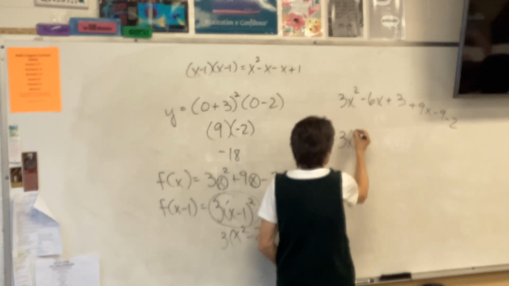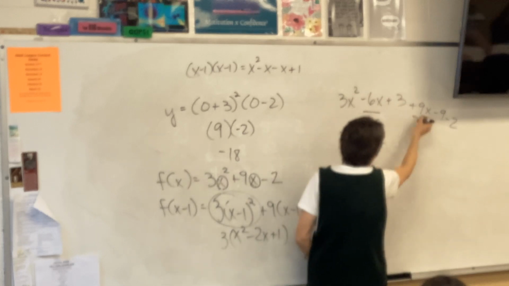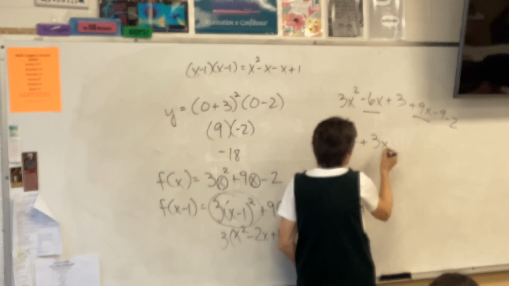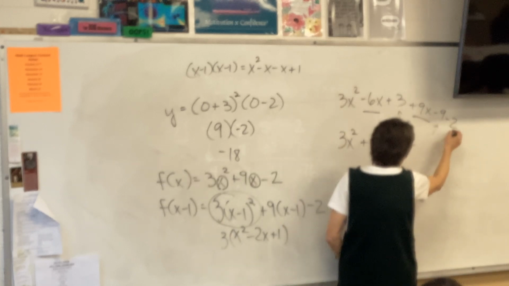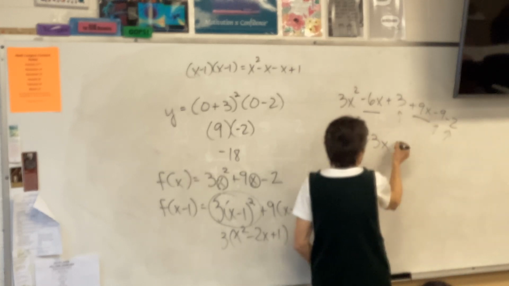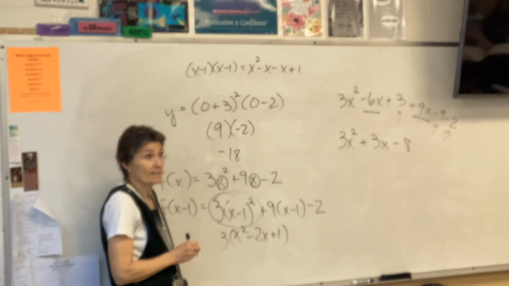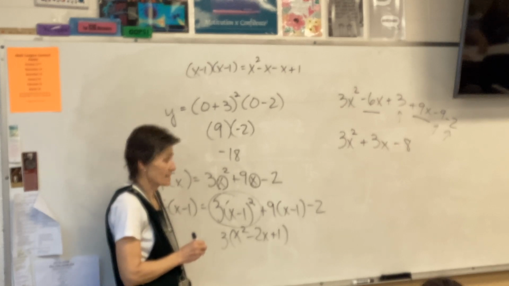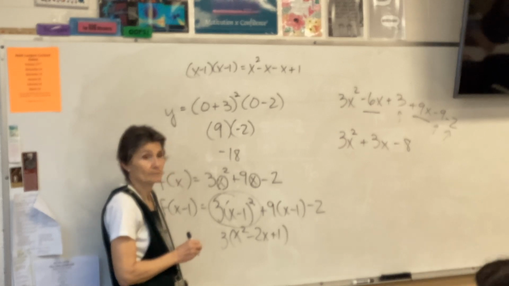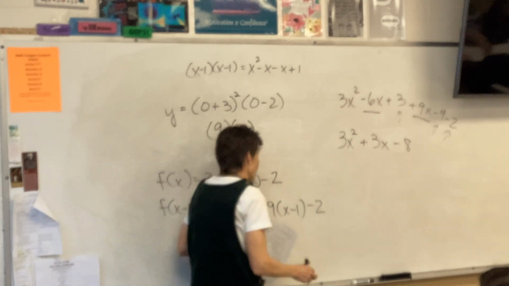It looks like I got 3x squared plus 3x minus 8. And that's it. Don't do anything else. That's the answer. Don't do anything else to it. All right. Find the inverse.